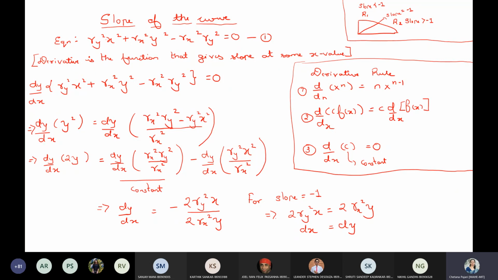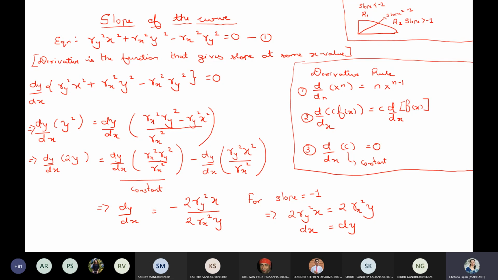Before we actually solve this derivation, let's see the derivative rules. These are a few derivative rules which we need while solving this. For any power of x, like x raised to n, when you take the derivative with respect to x, it will be equal to n into x to the power n minus 1.